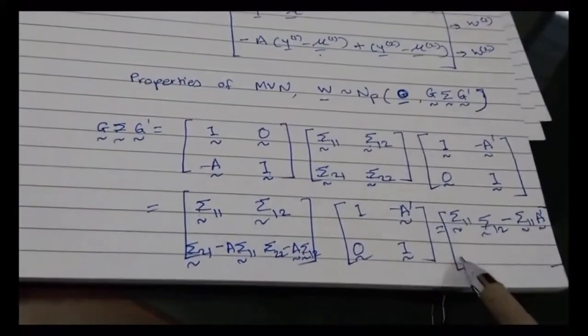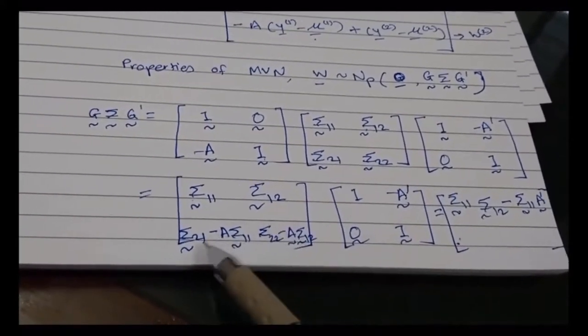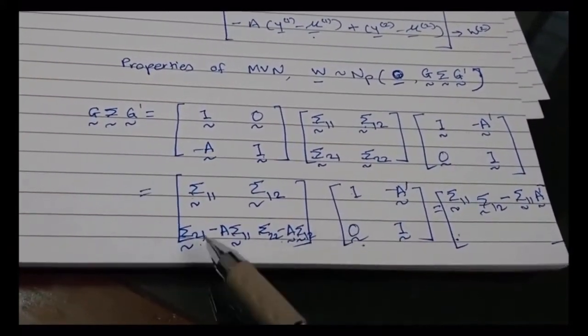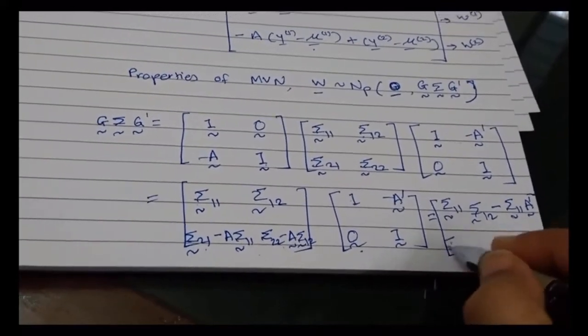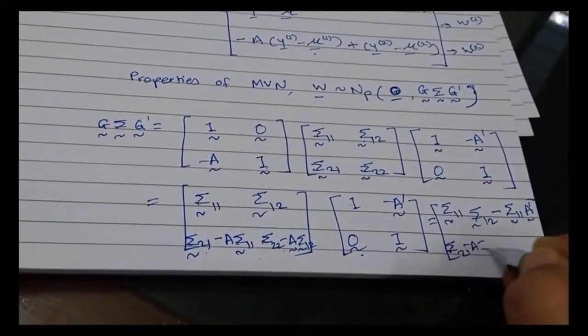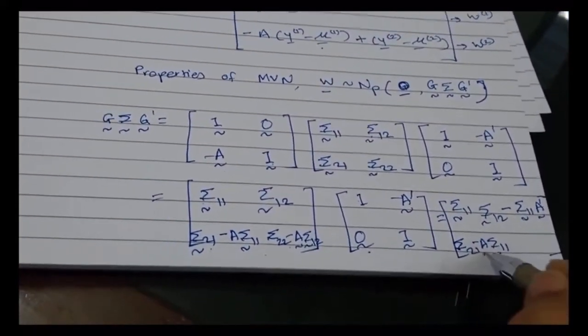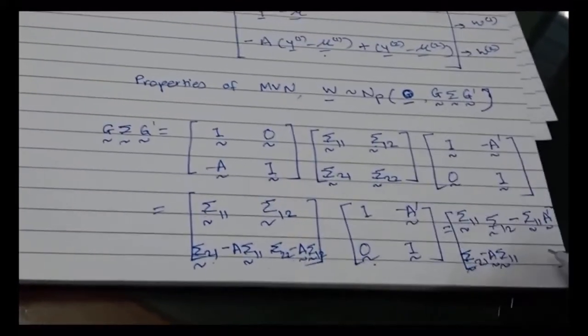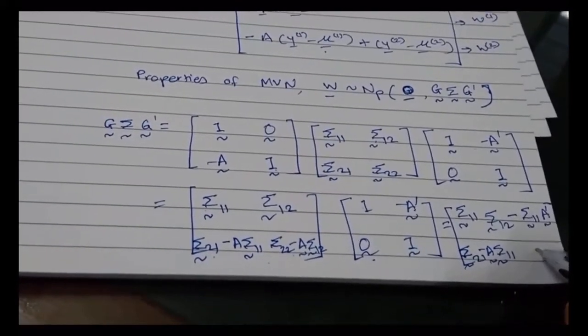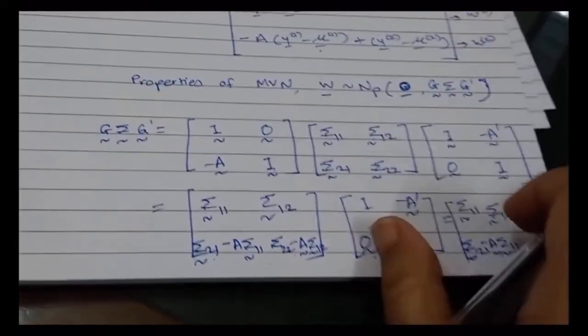Then the entry over here is going to be this into I plus this into 0. So basically the same. So sigma 2 1 minus A sigma 1 1. And the last entry, let me call it for the time being sigma 2 2 dot 1. We will try to see what it will be.